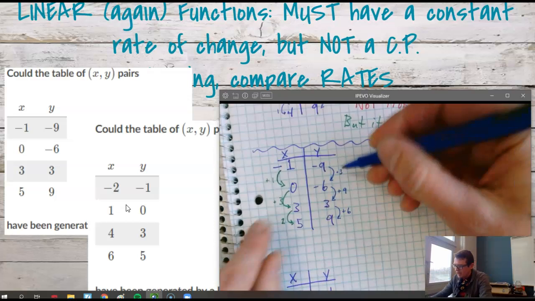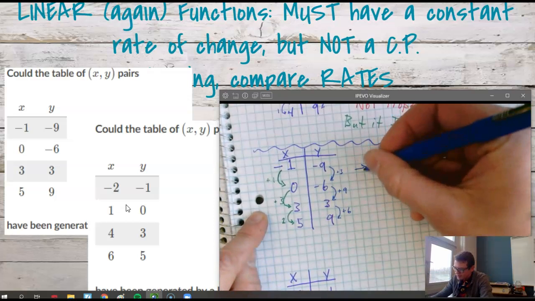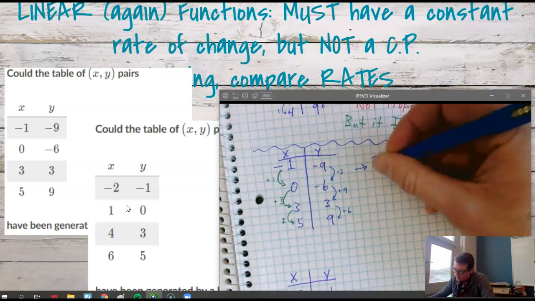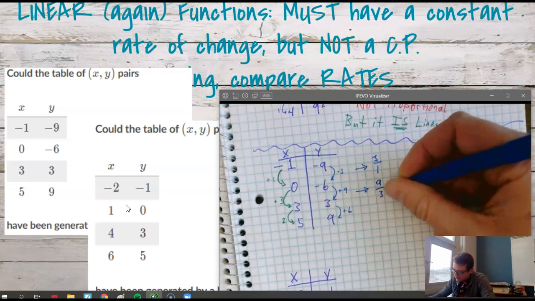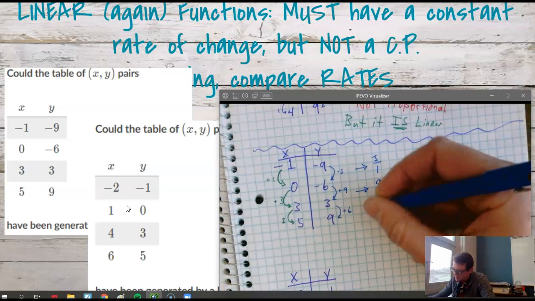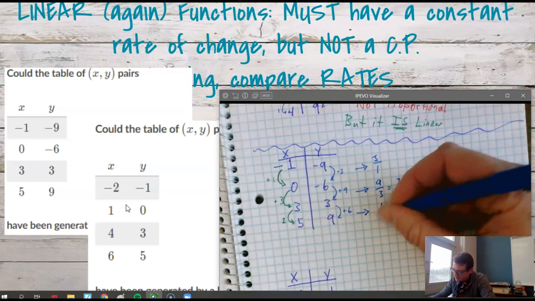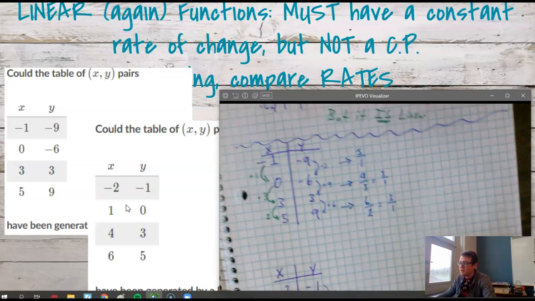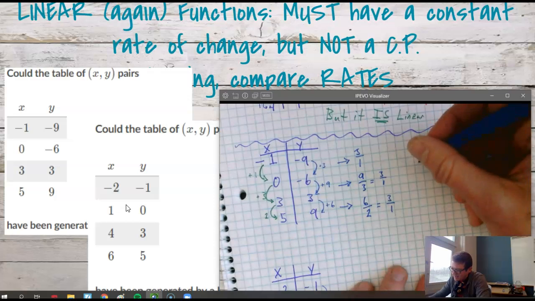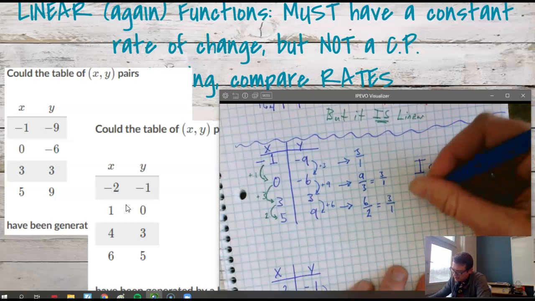If I write out those rates, the rate from here is 3/1. The rate from here is 9/3. Oh, look, that reduces to 3/1. The rate from here is 6/2. Hey, look, that reduces to 3/1. So this is linear.